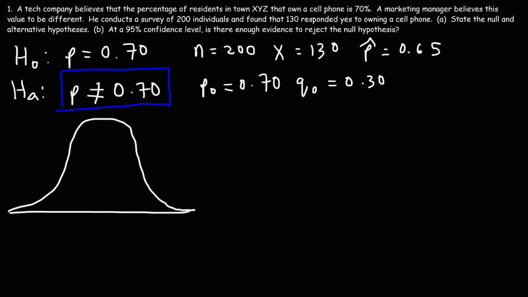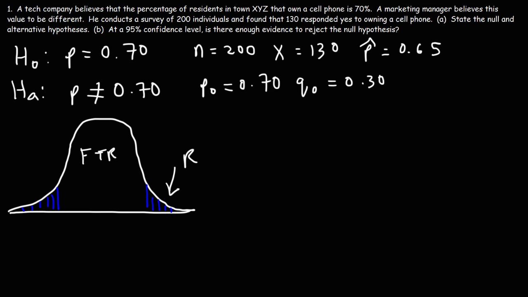It could be on the right side or the left side of that number. So thus we have a two-tailed test. The area shaded in blue represents the rejection region. In the middle, this is the fail to reject region.